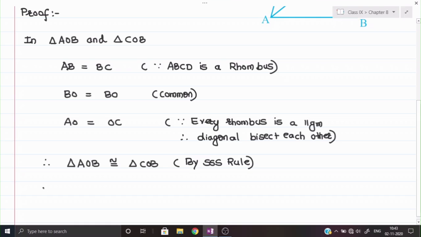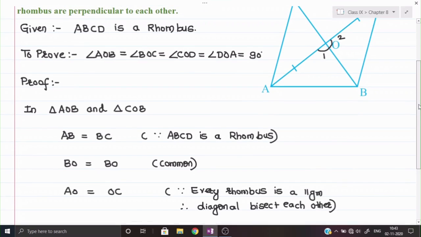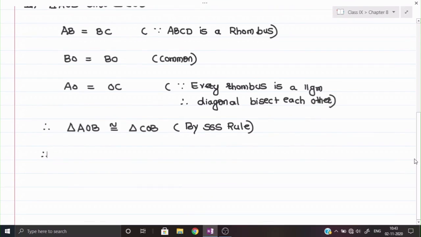Okay, now if these two triangles are congruent, then you observe angle 1 and angle 2 we have marked in the beginning. So they will be equal with the help of CPCT. So here further we shall write down angle 1 is equal to angle 2. That we will write down with the help of CPCT, and these two angles I am taking as x.